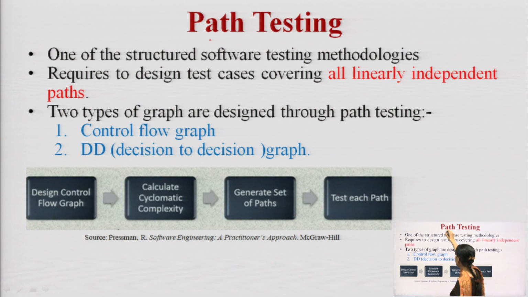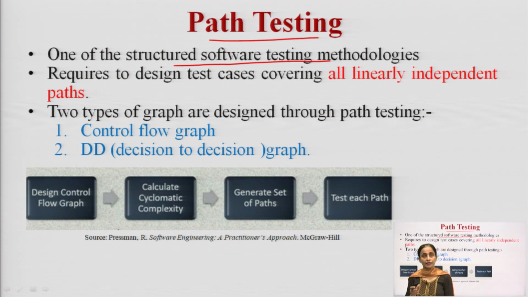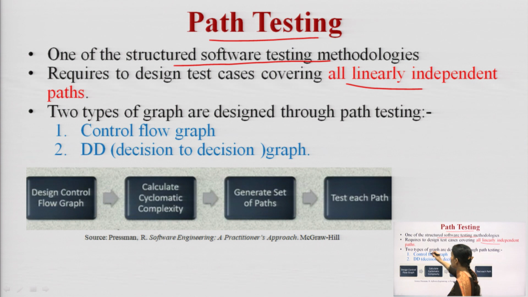As I said, path testing is a kind of structured software testing approach, and this methodology requires designing test cases that cover all the linearly independent paths. That means all the independent paths will be tested.